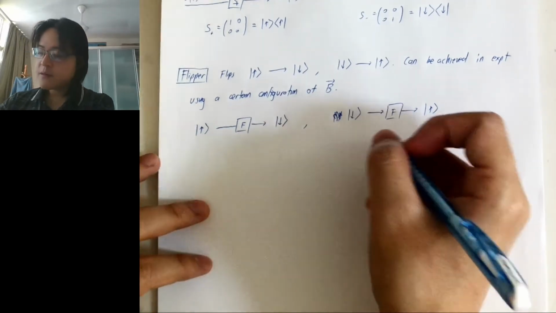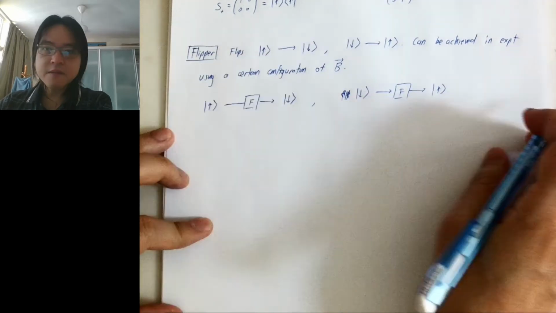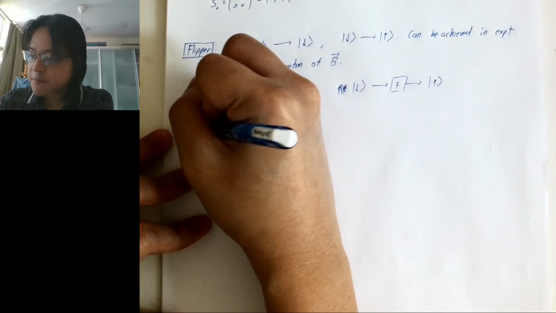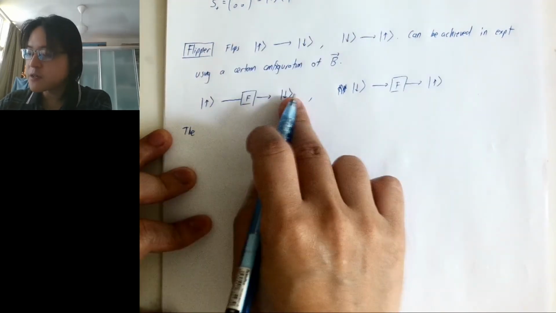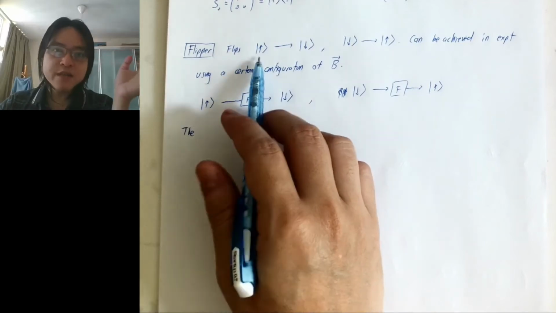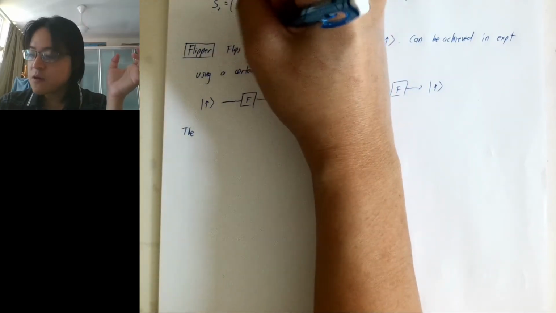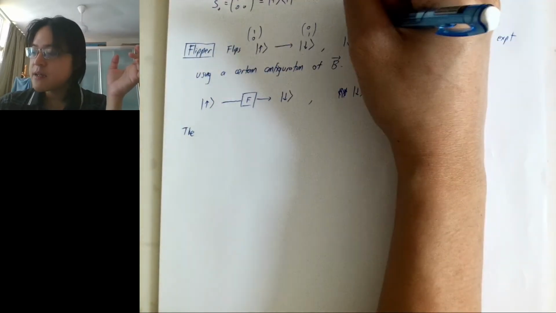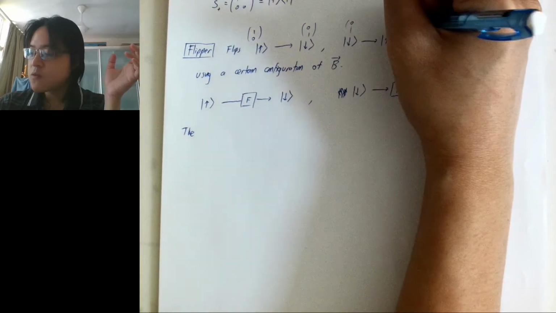So the flipper is represented by an operator, right? So the operator corresponding to this flipper is, I want to find a matrix that turns 1 0 into 0 1, and then 0 1 turns into 1 0, right?